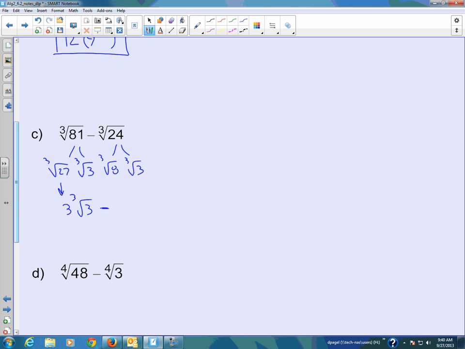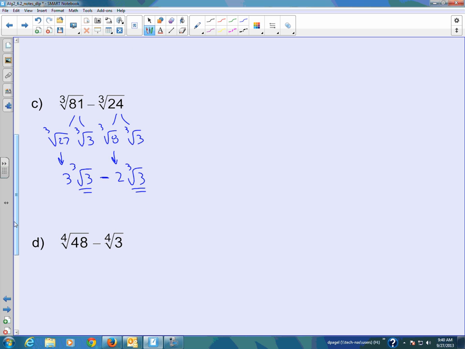And look what happens. We have another perfect cube. I have cube root of 3, cube root of 3, and we end up with just 1 cube root of 3, after I subtract 2 of them from 3 of them.